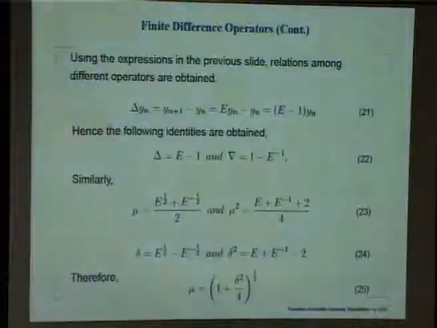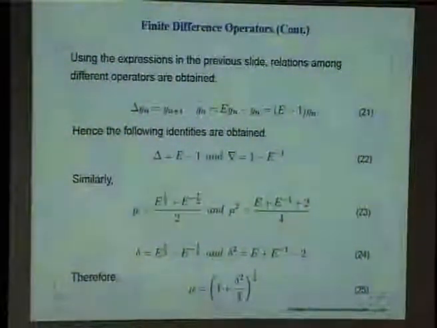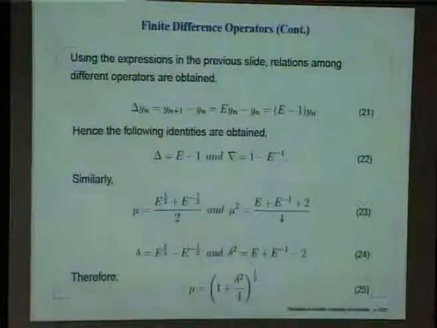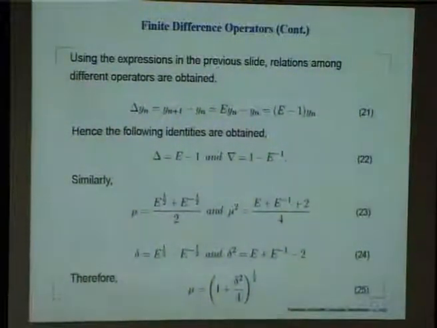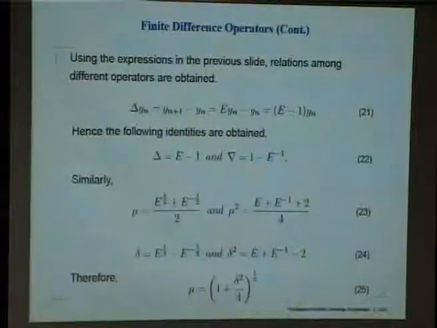So, shifting half would be equivalent to e to the power half, and shifting half a point to the left would be e to the power minus half. So, that is your mu operator related to the shift operator. So, you can square it, and this is what you are going to get.